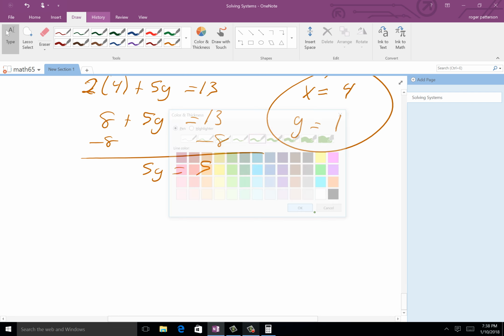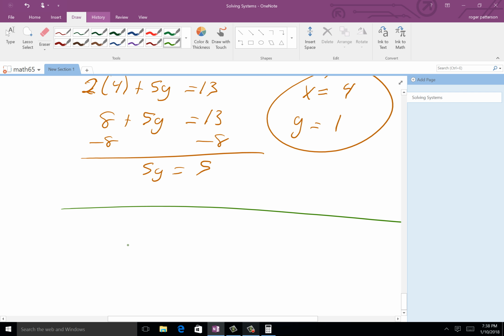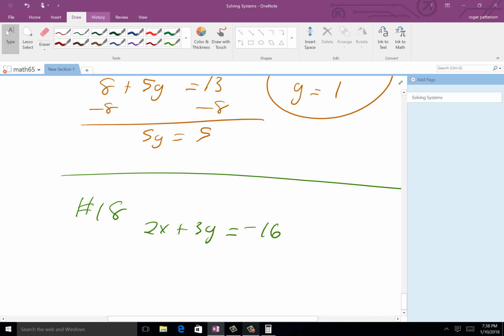All right, let's see, the next one was 18. So 18 is 2x plus 3y equals negative 16, and 5x minus 10y equals 30. Okay, someone tell me what they did on this one.